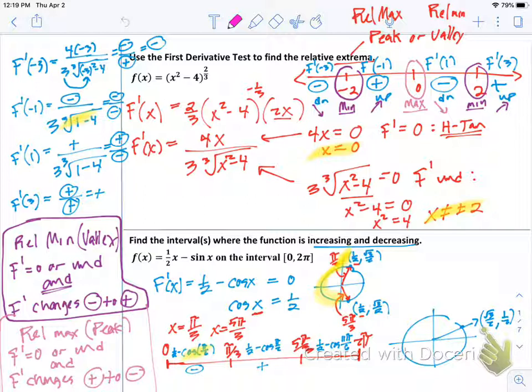And then 11 pi over 6, let's hearken to the unit circle again, is this angle right here. And the cosine of that is also the square root of 3 over 2. The sine is negative 1/2. So when I put that in, I get 1/2 minus the square root of 3 over 2, again, which makes a negative value. And so those are the signs.